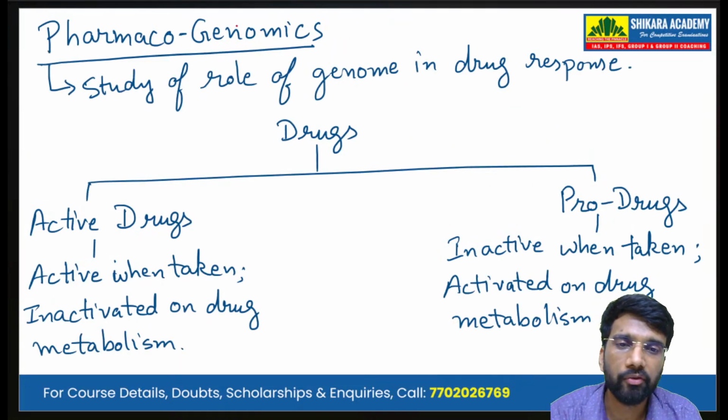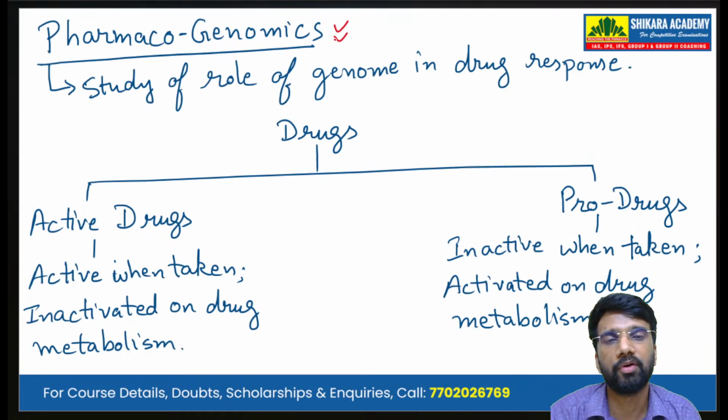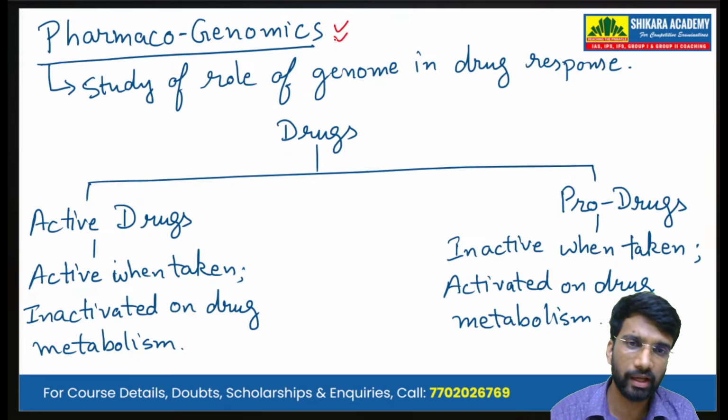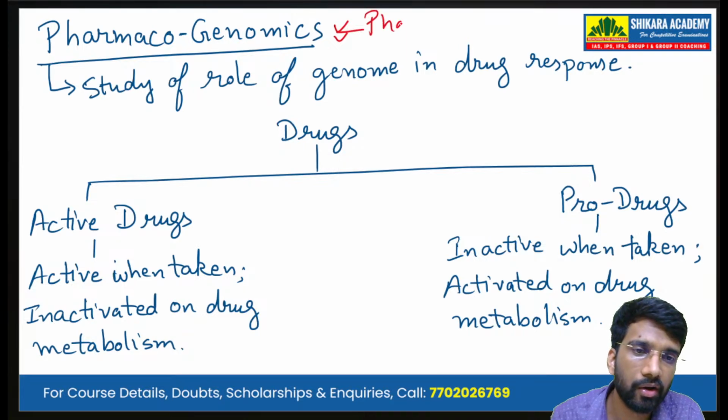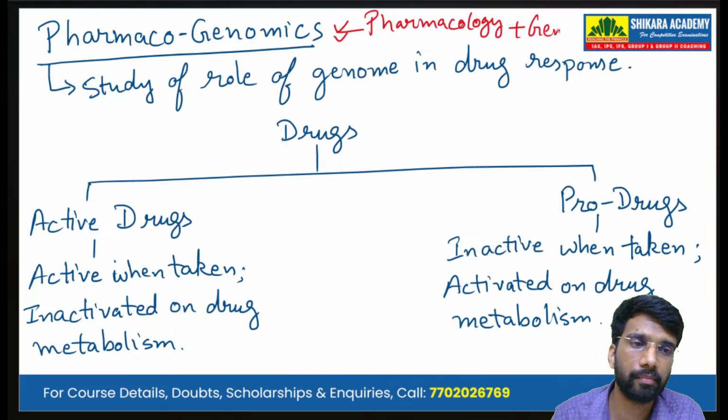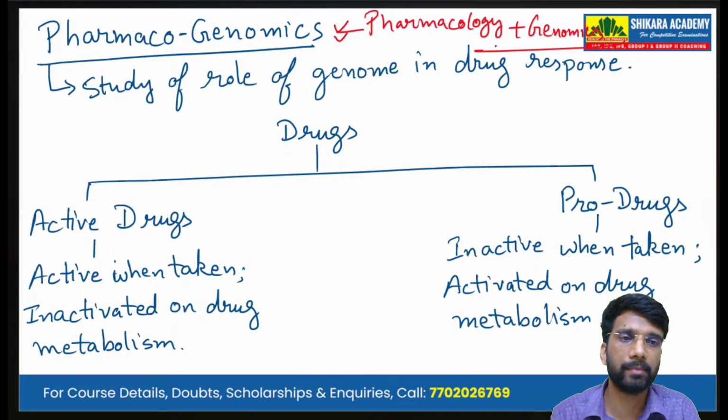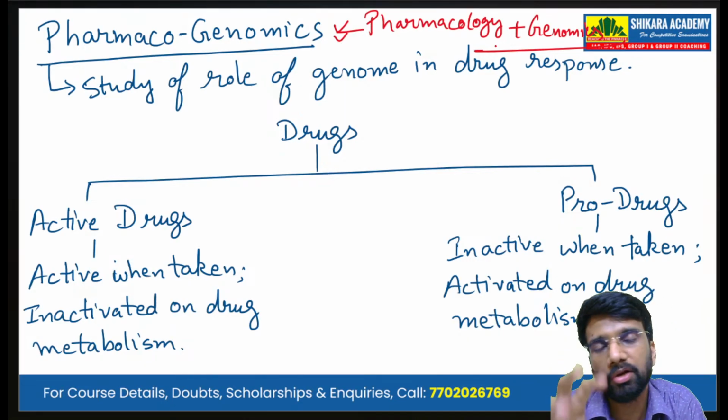Now, second is pharmacogenomics. What is pharmacogenomics? As the name suggests, it is made up of two words: pharmacology, which is the study of drugs, and genomics, the study of the entire genome.